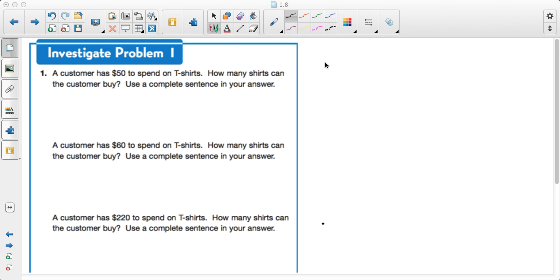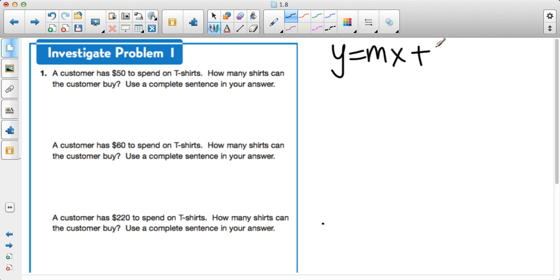Well, let's look at making an equation for this. So what if we had that handy dandy y equals mx plus b? M is my slope. That's the rate. That's what you're going up by each time. B, that's my y-intercept. That's my starting point.